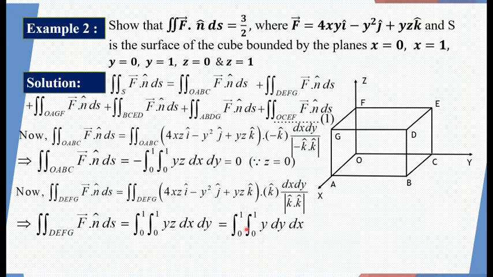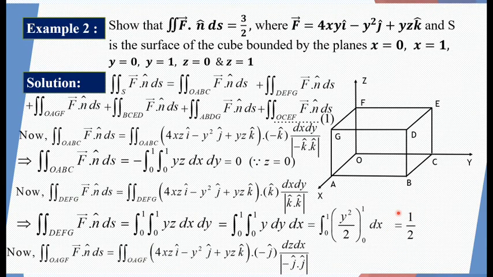So integral 0 to 1 y dy dx. So first integrate with respect to y or with respect to x as per your choice. The integration of y is y square by 2 under the limit 0 to 1, so it will be 1 by 2, and the integral 0 to 1 dx is x, in the limits 0 to 1. So on solving it, we get 1 by 2 as the value. So the first value is 0, second is 1 by 2.